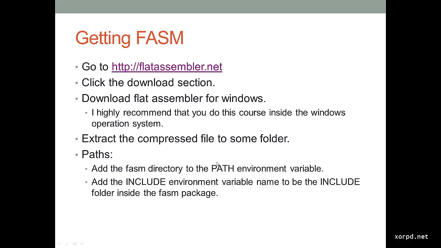We are going to see an example of this in the demonstration. Then you have to add the INCLUDE environment variable, and make it equal to the path of the include folder inside the fasm package. And mostly this is it. After you have done all of this, you are ready to go for the next lessons, and you will be able to do all the examples that we are going to show.